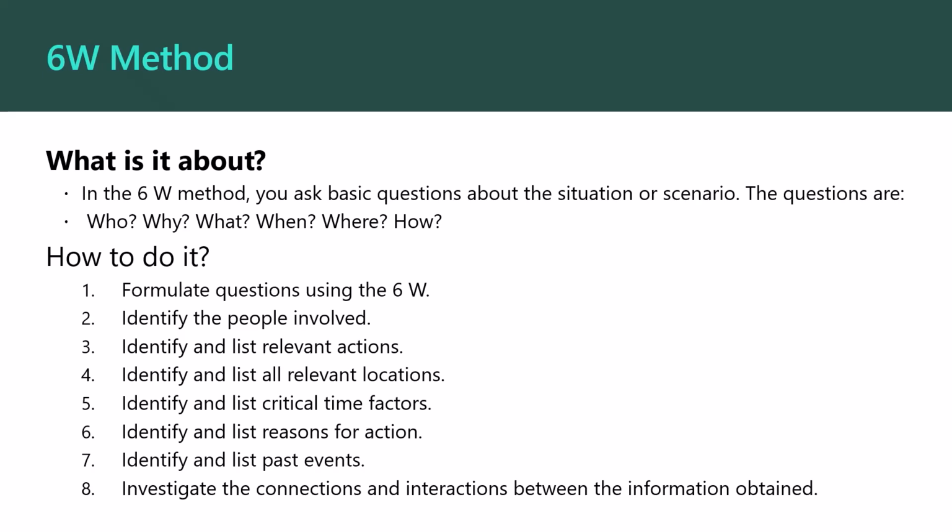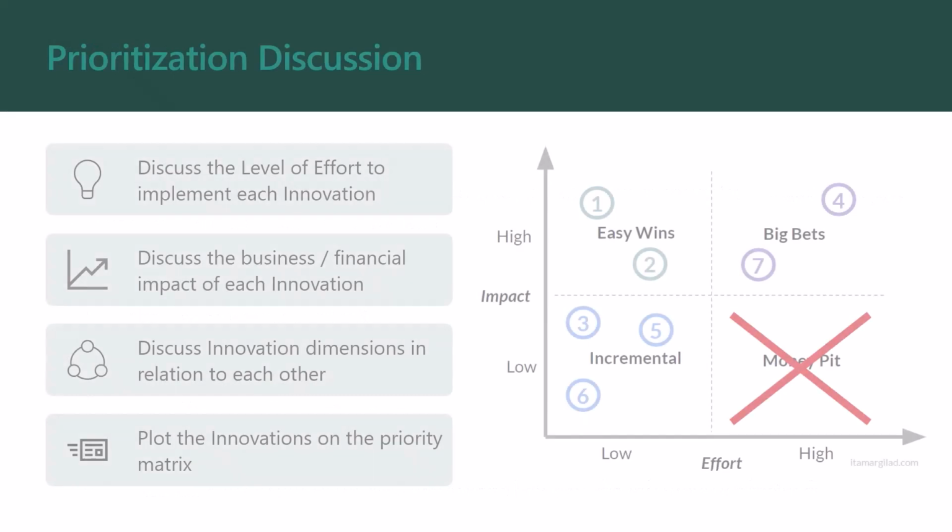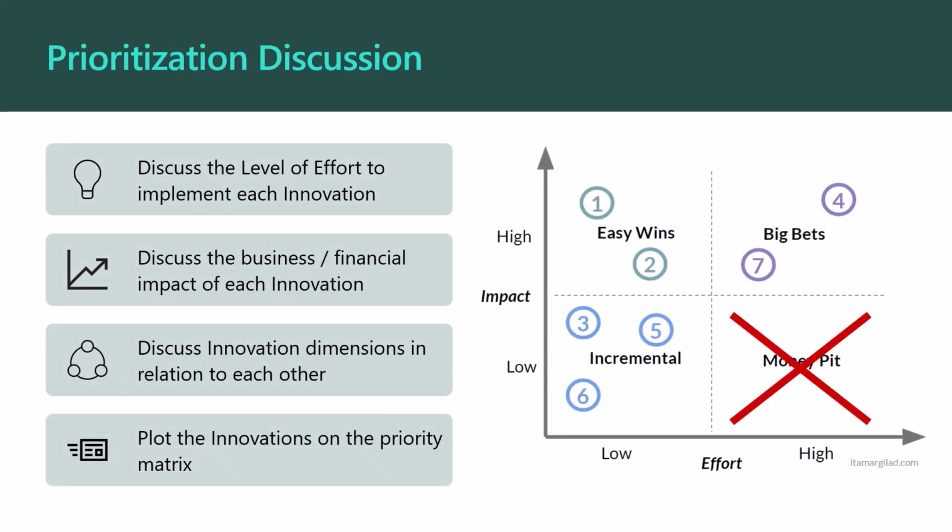Now let's pivot to the last part, or the almost last part of the workshop, which is the prioritization discussion, right? We want to put each of these priorities in a matrix, where we measure the level of effort versus the impact or value that this innovation is going to drive, right?